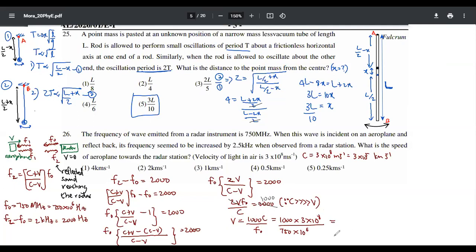What are we getting? I think 4 is the answer. 4 kilometer per second, anyone? Okay, wait, I think I made a mistake somewhere.